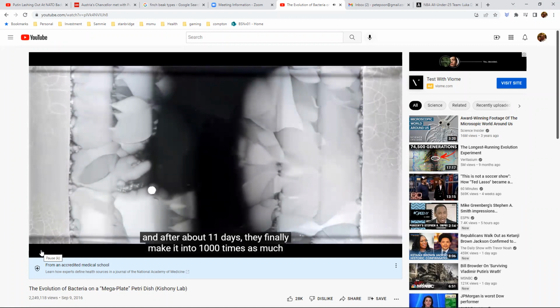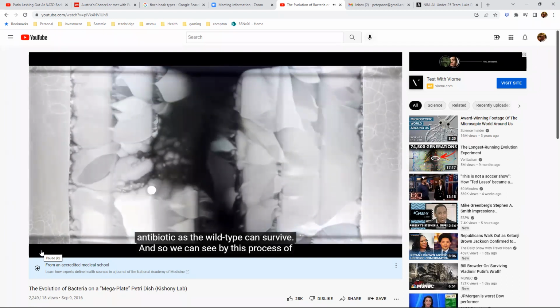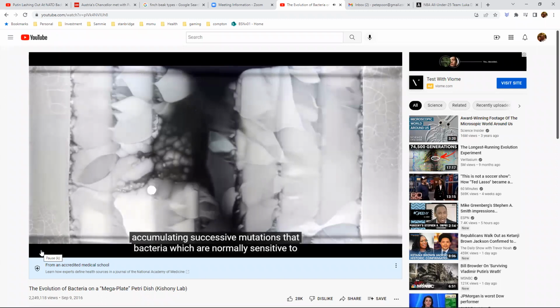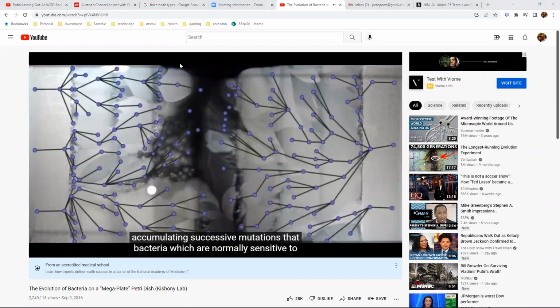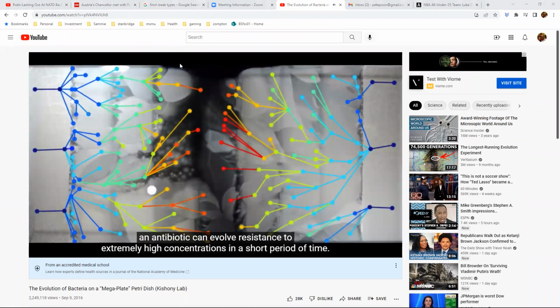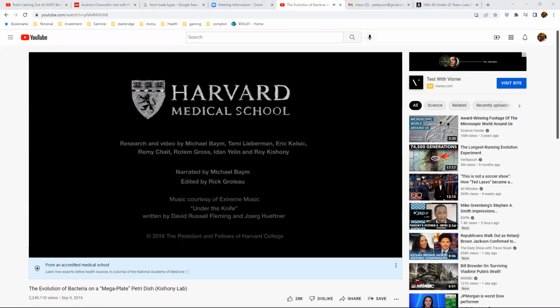After about 11 days, they finally make it into 1,000 times as much antibiotic as the wild type can survive. And so we can see by this process of accumulating successive mutations that bacteria, which are normally sensitive to an antibiotic, can evolve resistance to extremely high concentrations in a short period of time.